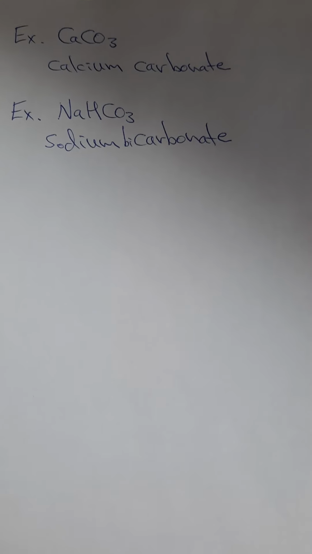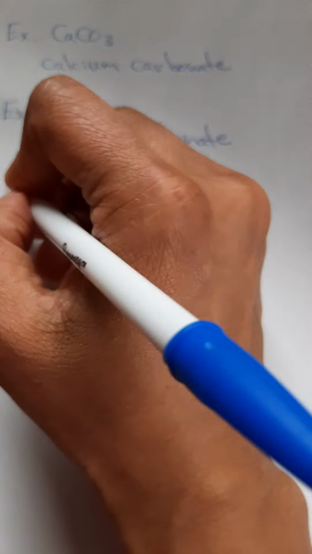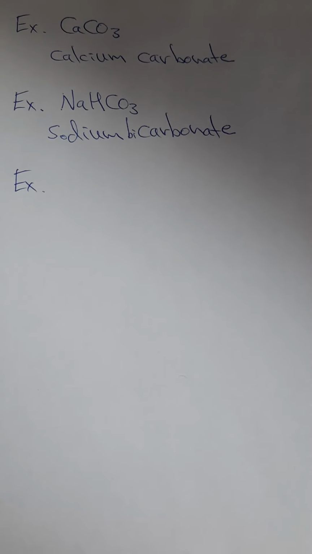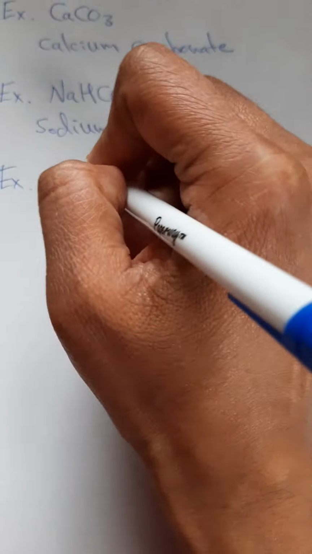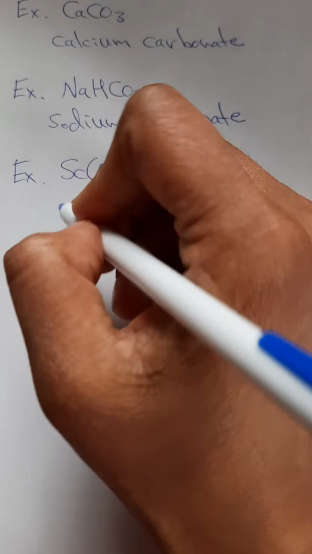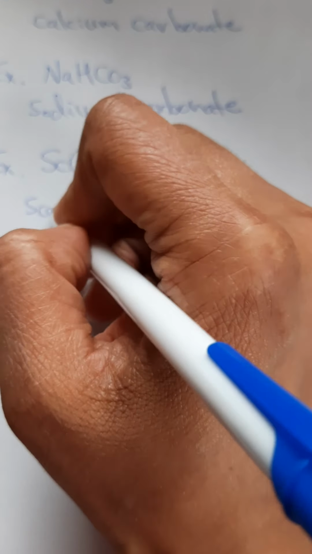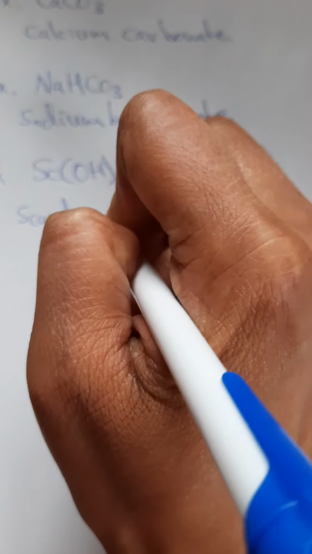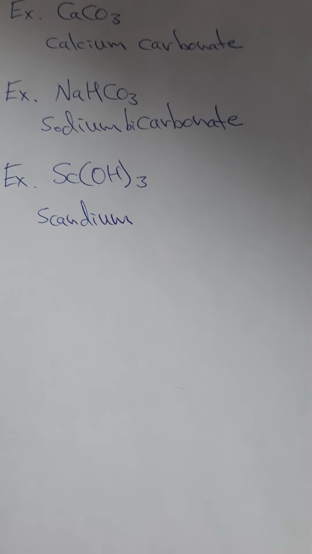Let's go down with each of these compounds so we can see a variety. Say I have Sc(OH)3. Sc is scandium.